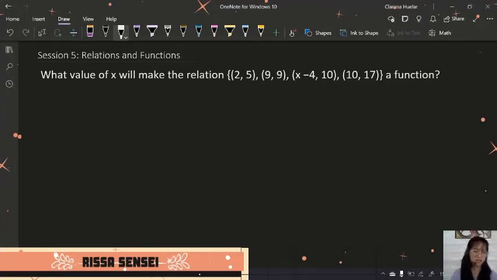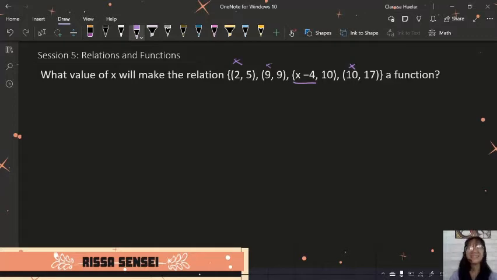Ibig sabihin, yung x minus 4, hindi dapat siya mag-equal sa 2, sa 9, at sa 10. Again, x minus 4 hindi dapat mag-equal sa 2, 9, and 10.